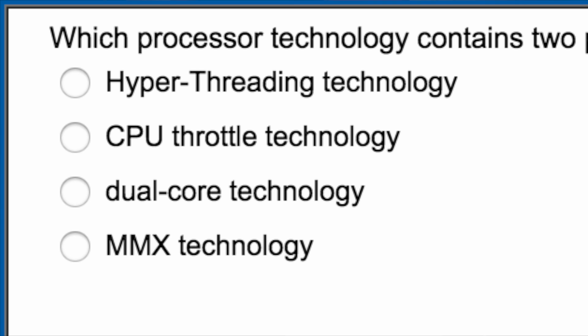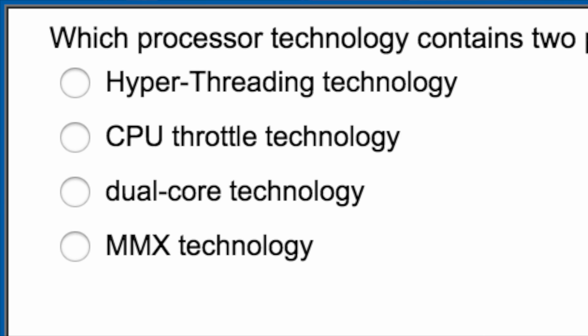Dual core technology was introduced by AMD and Intel in 2005. Dual core processors, which are 32-bit processors, can run in 64-bit mode. Basically, it just gives you more advantages. That's the processor technology, and it actually contains two physical cores. Hyper-threading technology is where you're linking multiple CPUs together.